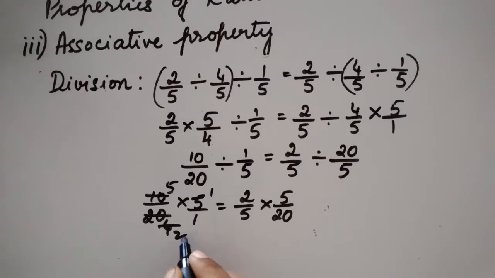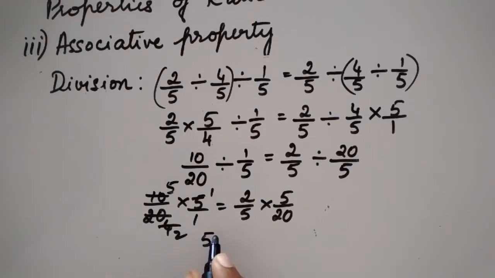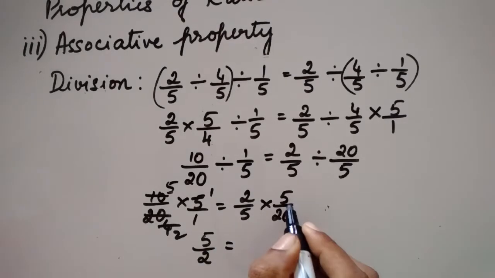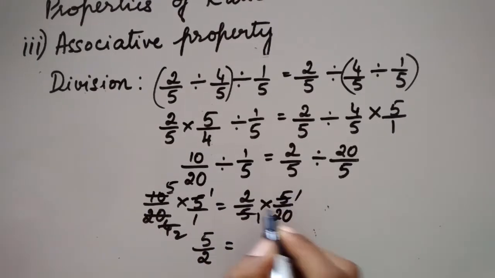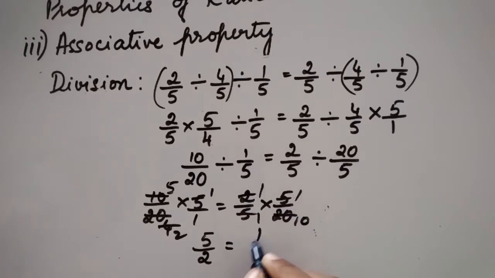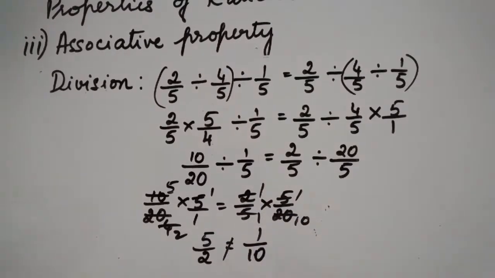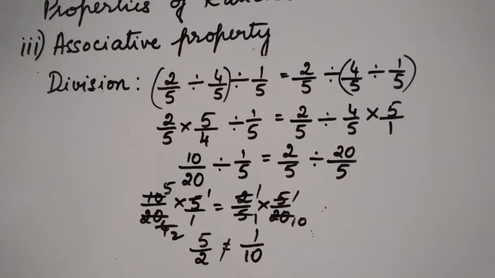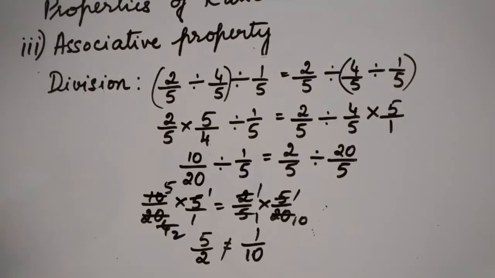So here I will get 5 by 2 is equal to, here I will get 5 ones are 5, 2 10s are 20, so 1 by 10. So 5 by 2 is not equal to 1 by 10. They both are not the same. So associative property is not applicable for division, for rational or fractional numbers.